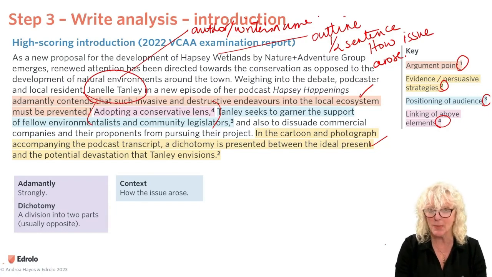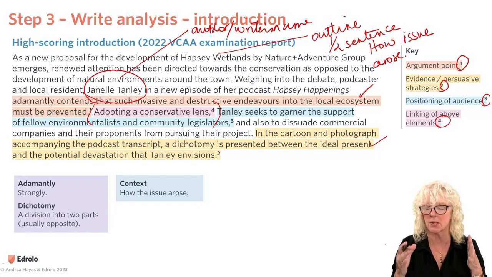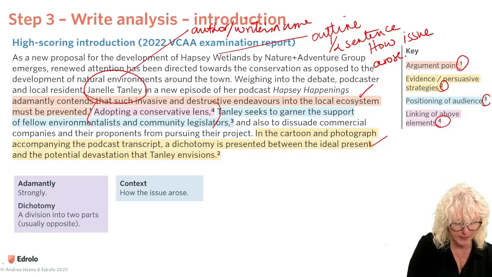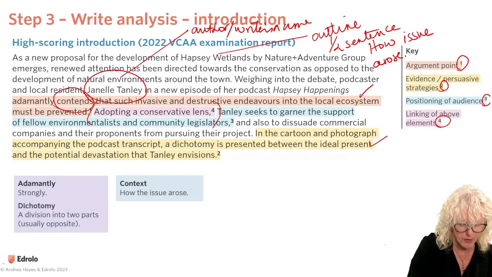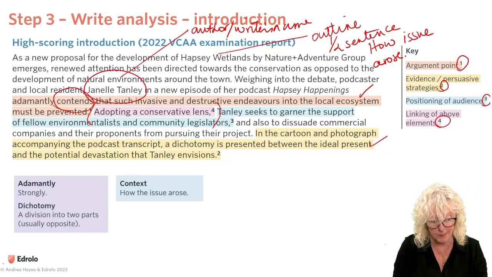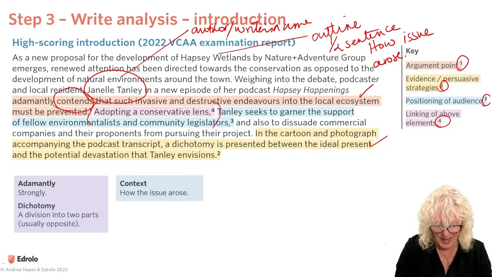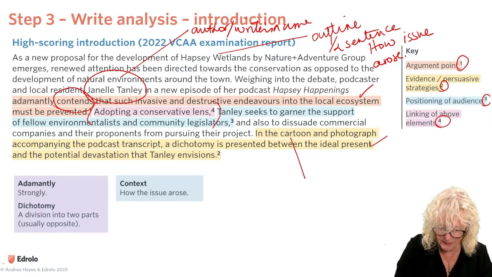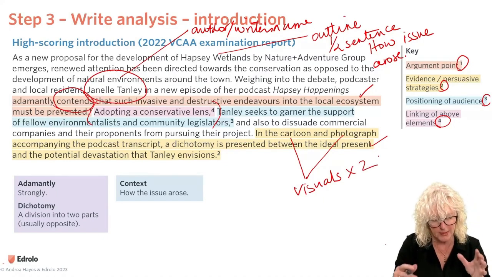In this case, because it is an introduction, one of the most important paragraphs in your analysis, our argument point, of course, is our contention. And this is prefaced by the word contends, that really good contention verb. Then we have other points here to point out. The fact that cartoon and visual are mentioned, so that's visuals times 2 mentioned.